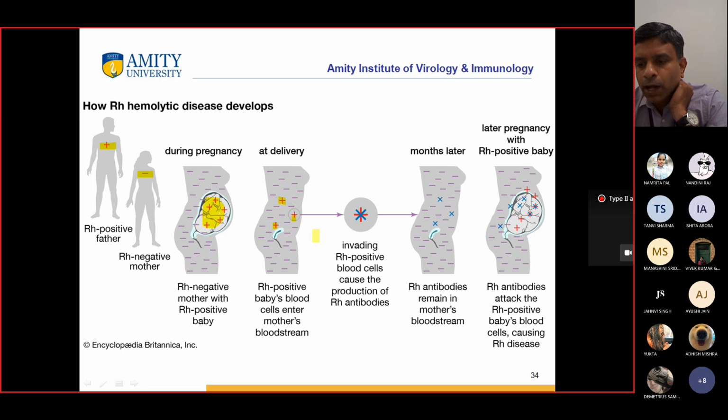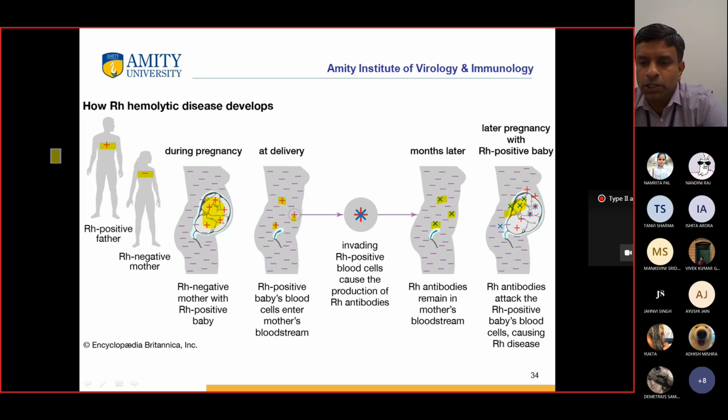Now the mother's circulation has antibodies against the Rh antigen. Now this female becomes pregnant again, and these antibodies can cross the placenta, reach the baby, and start destroying the fetal RBCs, right? So this is called erythroblastosis fetalis.